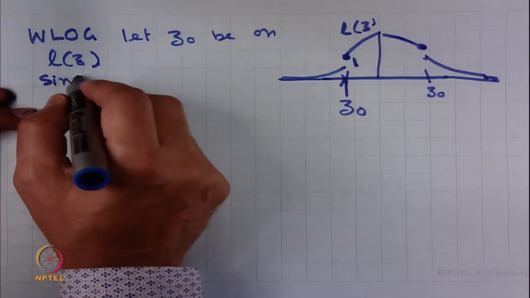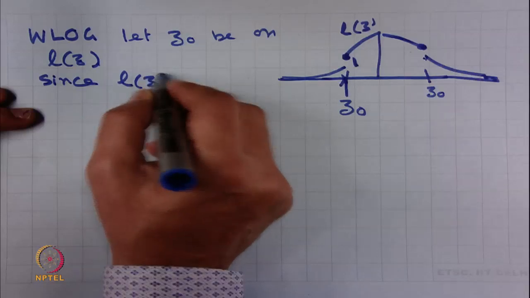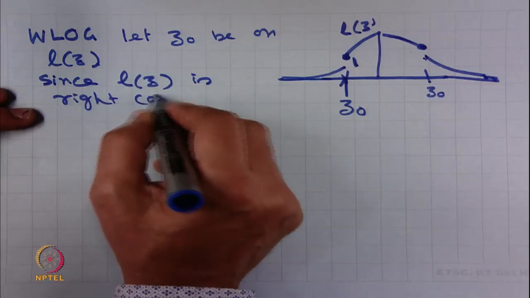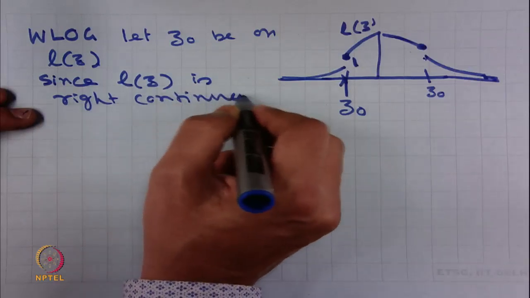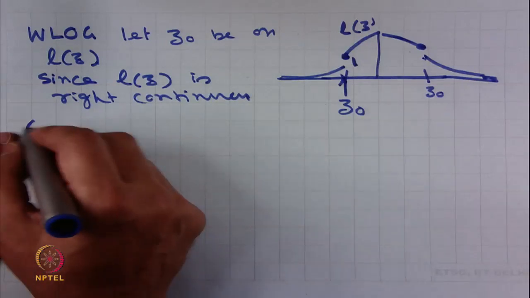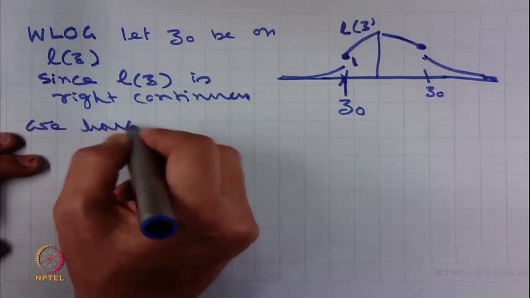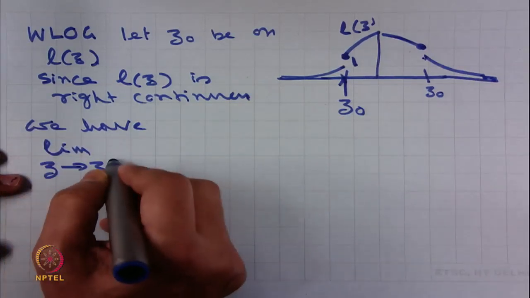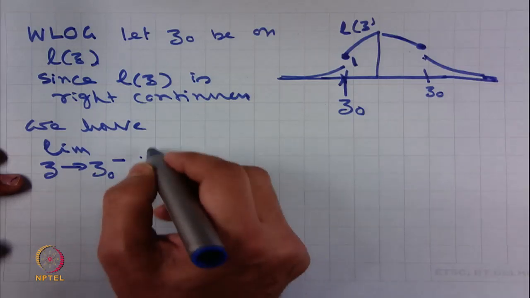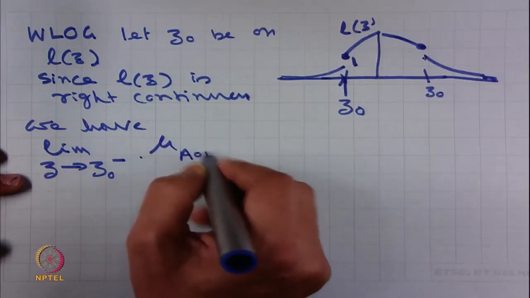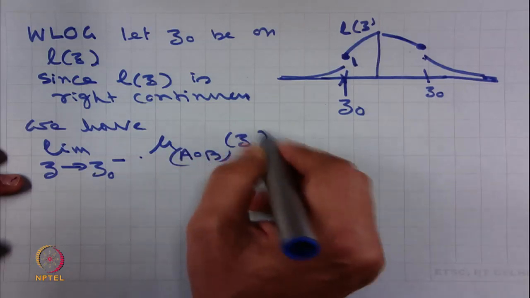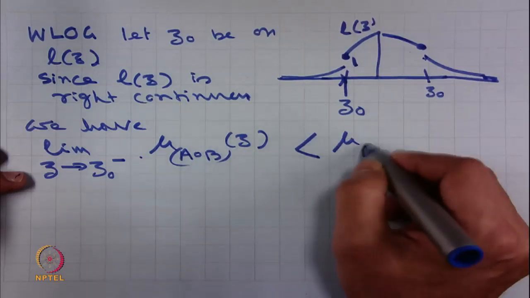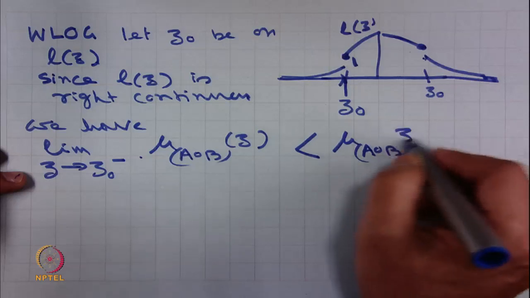Since Lz is right continuous, we have limit z going to z naught minus of mu A of B of z is less than mu A of B of z naught.